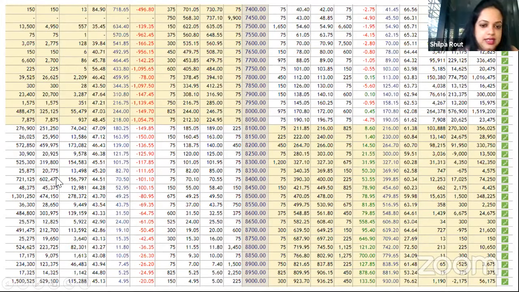Likewise, 8,400 is very active here, and it means that this will pose the first immediate resistance, then 9,000 will come. And we are trading at 8,000 zones.